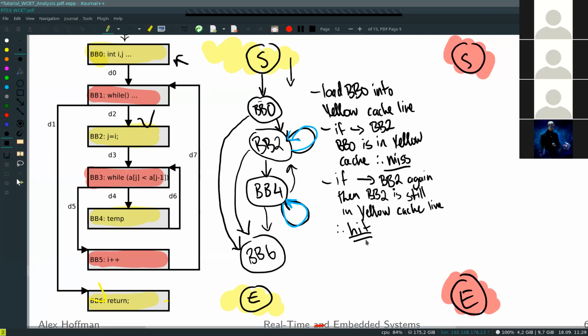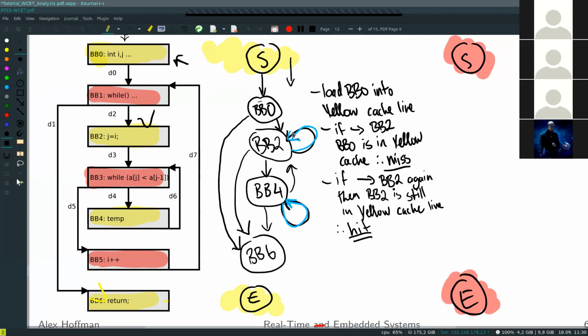And this is represented by this loop because the last code that was executing that used that cache line was the same code. Therefore, it's guaranteed to still be in cache, which means that we have a cache hit.